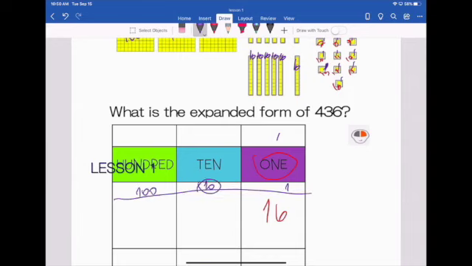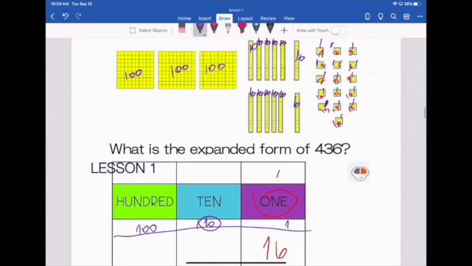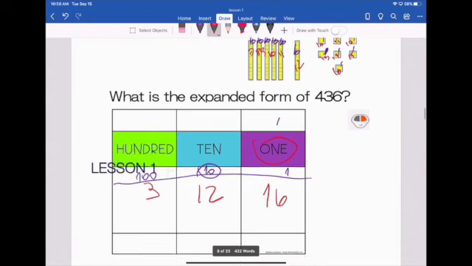How many 10s do we have? We need to count it, and we have 1, 2, 3, 4, 5, 6, 7, 8, 9, 10, 11, and 12. And this is what we write down here. I have 300. What happened? We need to regroup it.